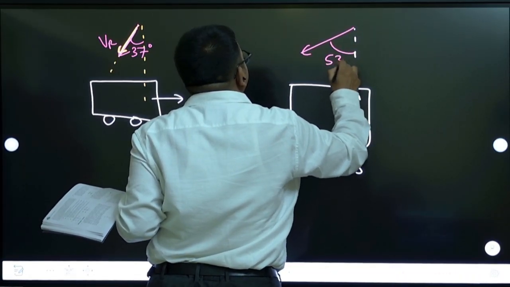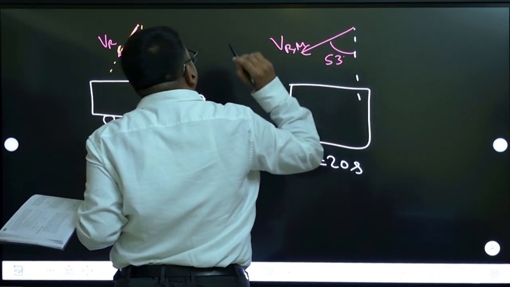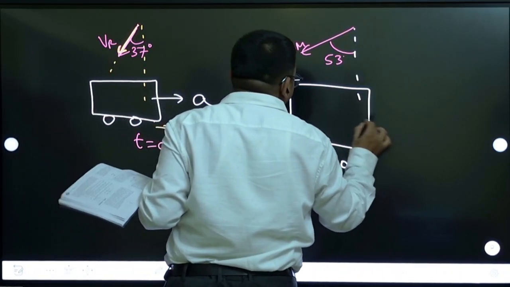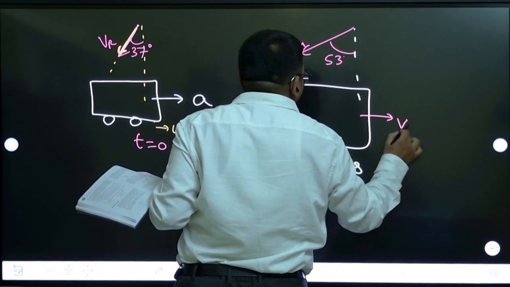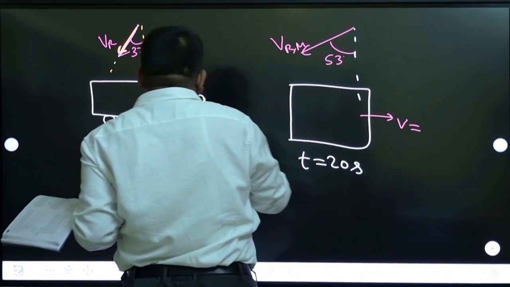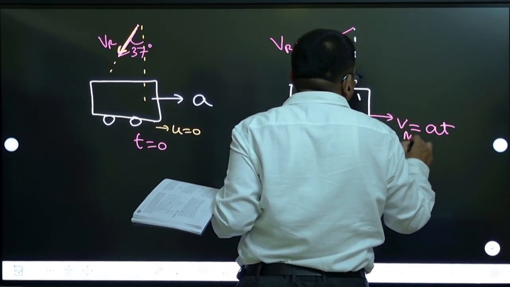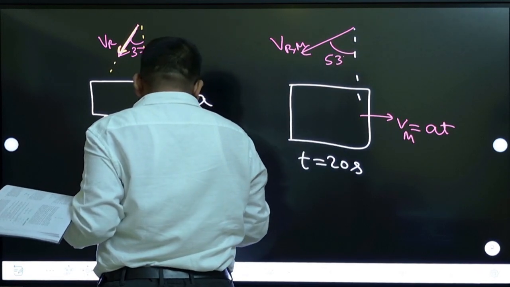This definitely is the relative velocity of rain with respect to the man. But by this time the car has also got some speed in this direction. Since u is 0, this velocity is a into t. This is the velocity of the man, so you need to add it.